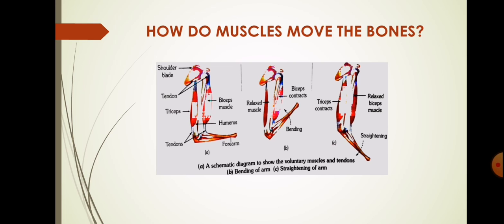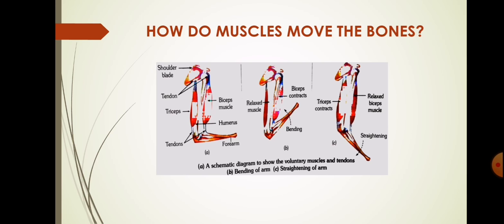Basically bones are the harder part, and the bones themselves are not able to move. Okay, the bones are a little bit harder, but because of the contraction and the relaxation of the muscles, we are able to walk, we are able to move different parts.